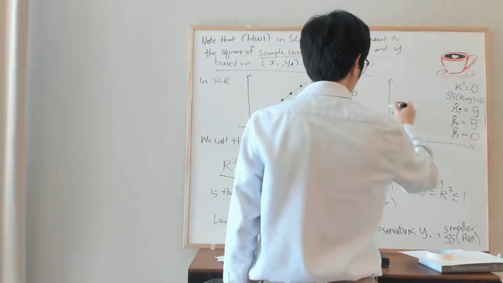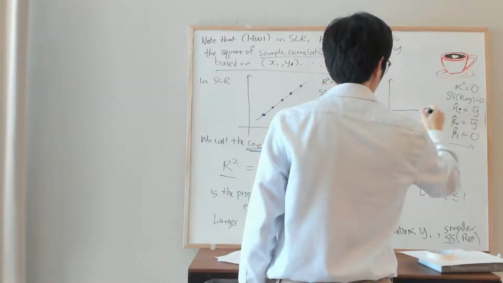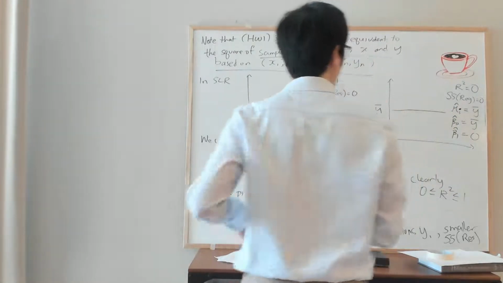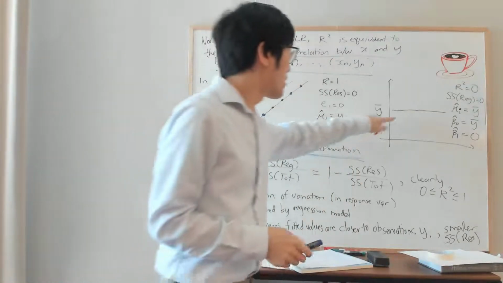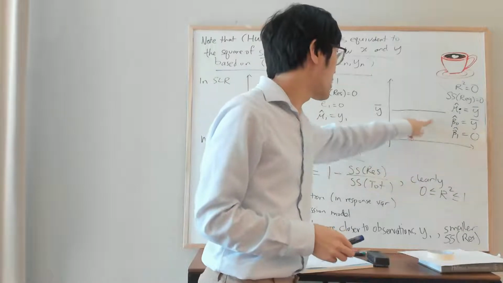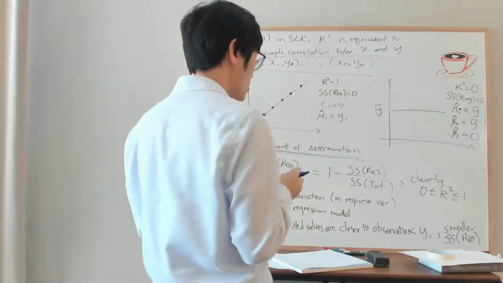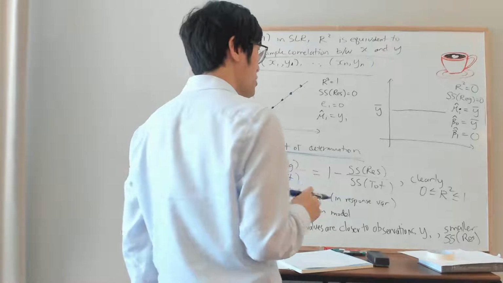Let's draw y bar. It's the line with slope 0, and that's the equation of the line of best fit. In this case, there's no linear relationship between x and y at all.